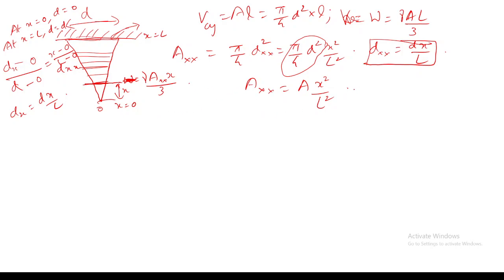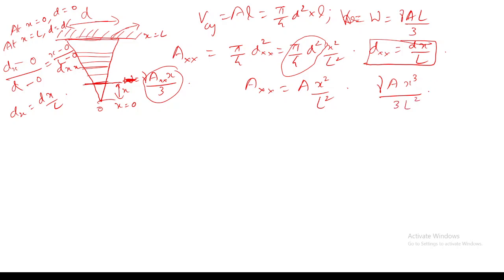So when I'm rewriting this, I will substitute the value of Axx in this term. Gamma into Axx, I can write it as a into x square into x will become x cube divided by 3 into L square.